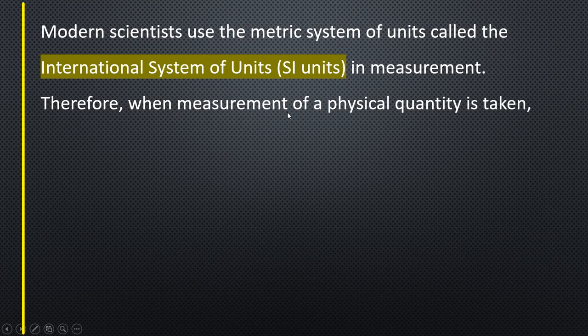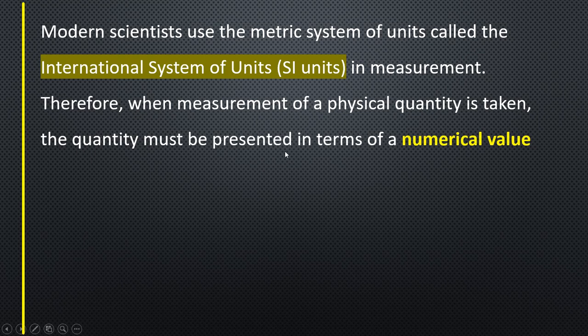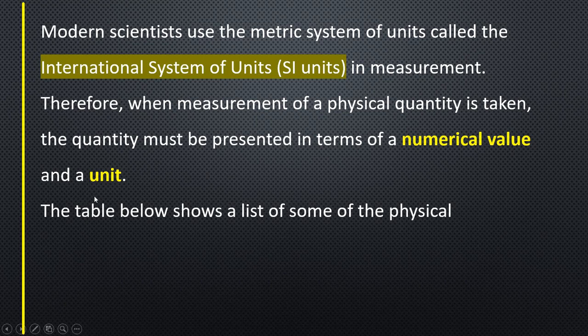Therefore, when a measurement of a physical quantity is taken, the quantity must be presented in terms of a numerical value and a unit. Whatever measurement you take, there must be a numerical value and a unit attached to it, which will describe what measurement has been taken.